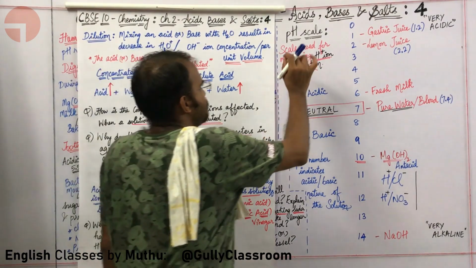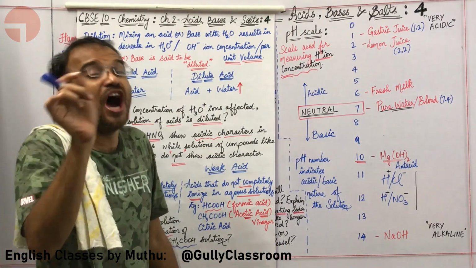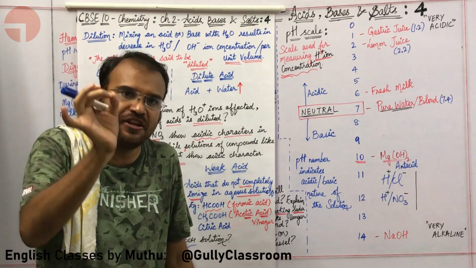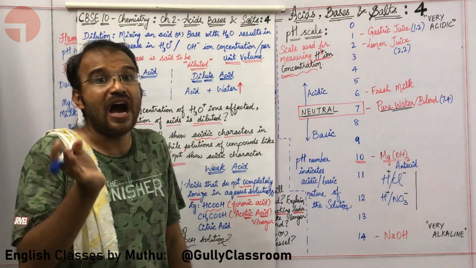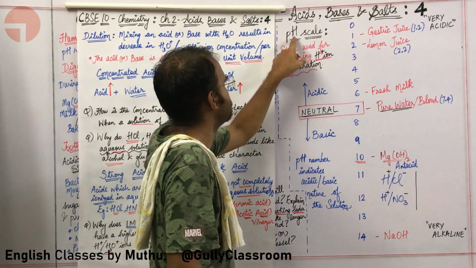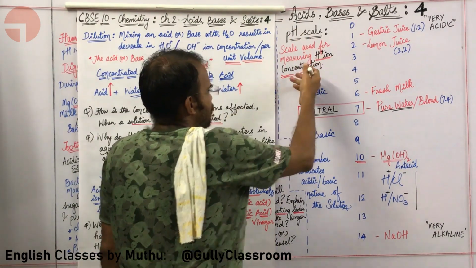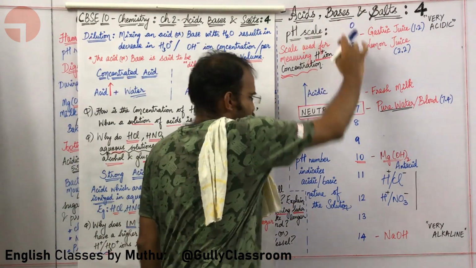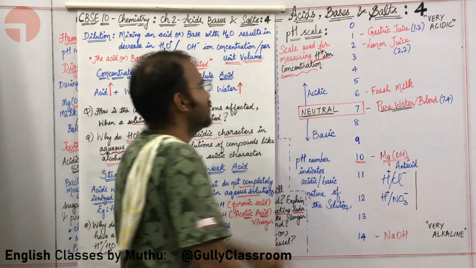The pH scale is simply used for measuring H plus ion concentration. Hydronium ion concentration can be easily measured with respect to the pH scale. The scale is from 0 to 14.